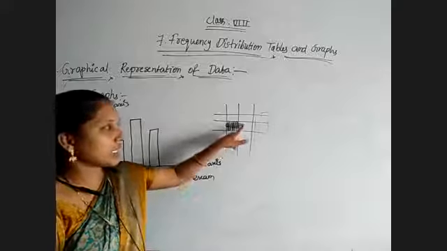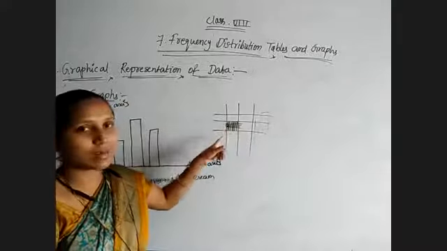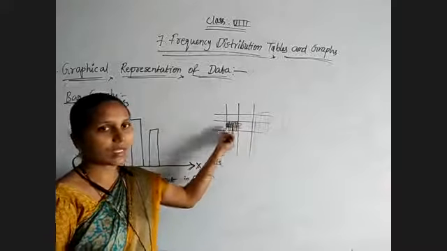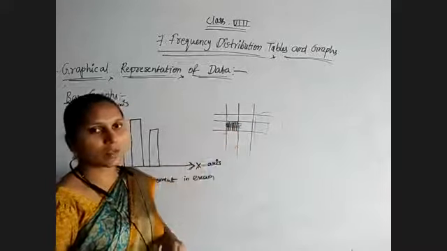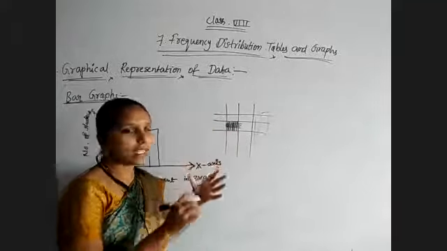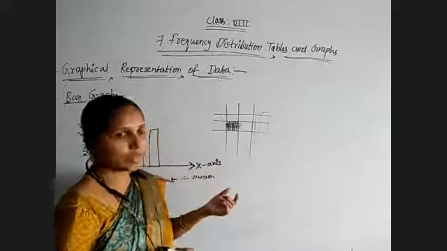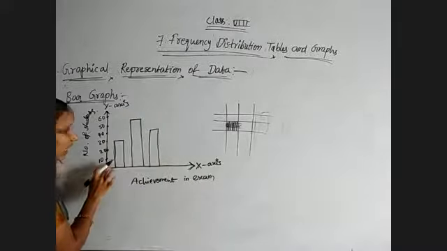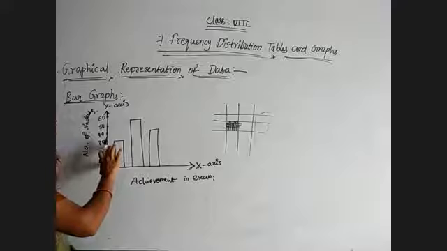Here 1 centimeter, this side 1 centimeter. So the area of that box is equal to 1 into 1, side into side, 1 centimeter square. Every box is divided into equal parts in the graph paper. Here also you will get like that only. So just observe, here a gap is given, meaning one box is left here.